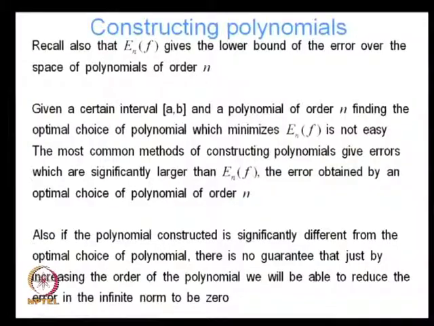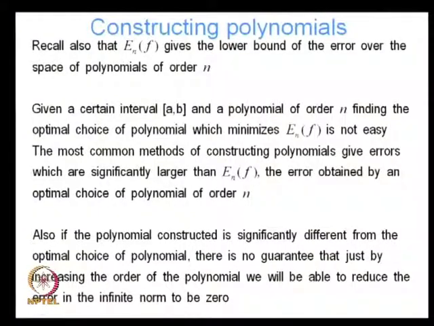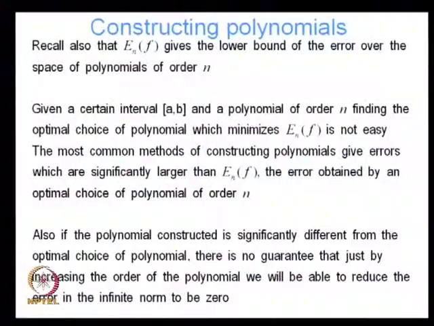So if the polynomial that is constructed is significantly different from the optimal choice, there is no guarantee that just by increasing the order of the polynomial we will be able to reduce the error in the infinity norm to 0.